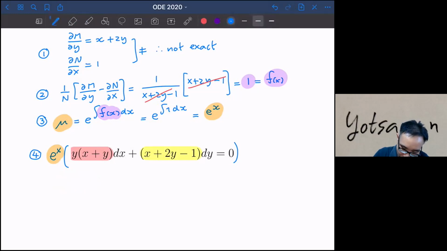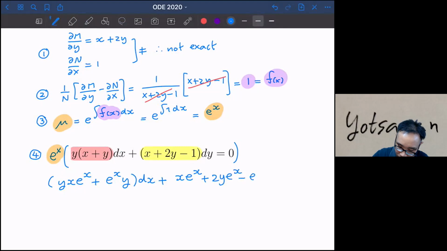So it's going to be (y x e to the x plus e to the x y) dx plus (x e to the x plus 2y e to the x minus e to the x) dy equal to 0.